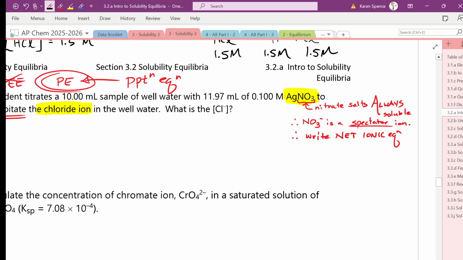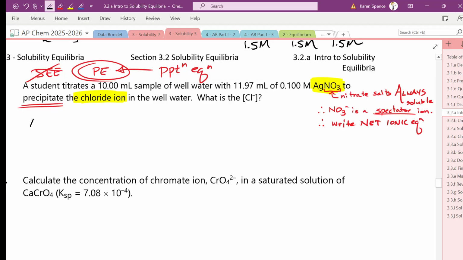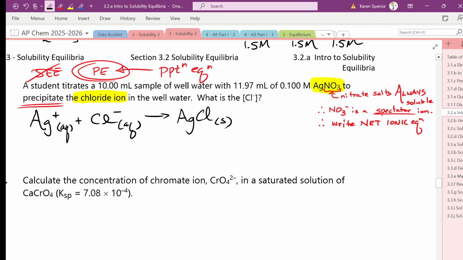So we would have Ag plus and Cl minus. What state are those? Aqueous. And what do we get? AgCl, and that would be solid. And did I write the correct arrow? Yes. Okay.